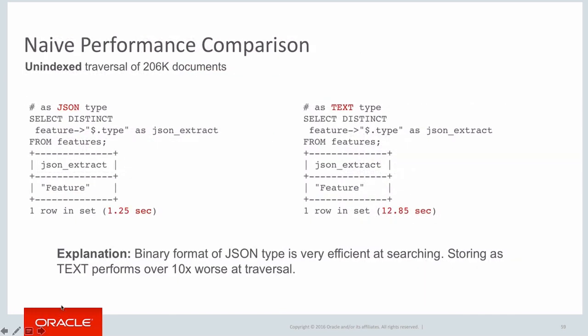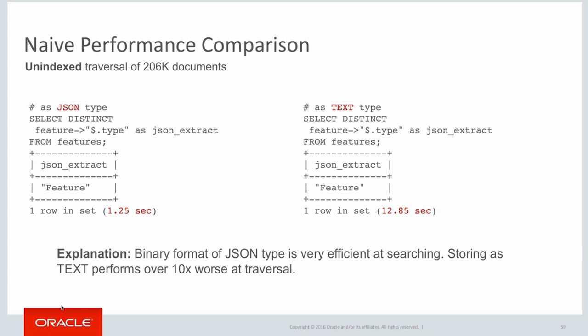And just to compare native performance of JSON data compared to text, people have been storing JSON documents in text for the past years now. I have 200,000 documents in here.